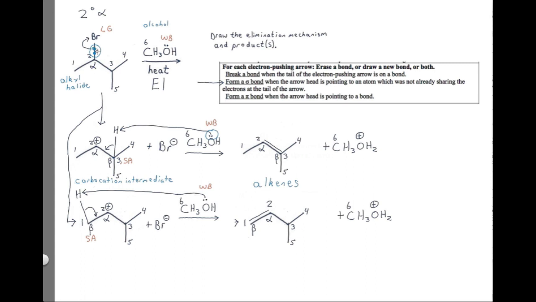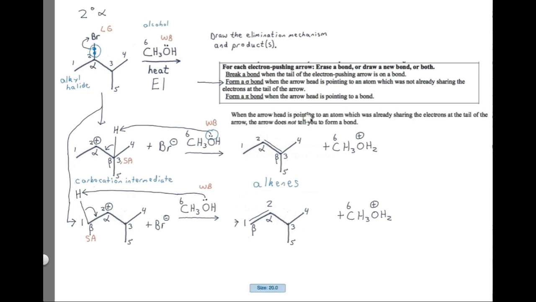Even in this picture at the beginning of the step, the bromine is already sharing the electrons at the tail of the arrow because it's already sharing the electrons in this covalent bond. So this arrow does not meet this qualification, and therefore this is an arrow that does not tell us to form a sigma bond.